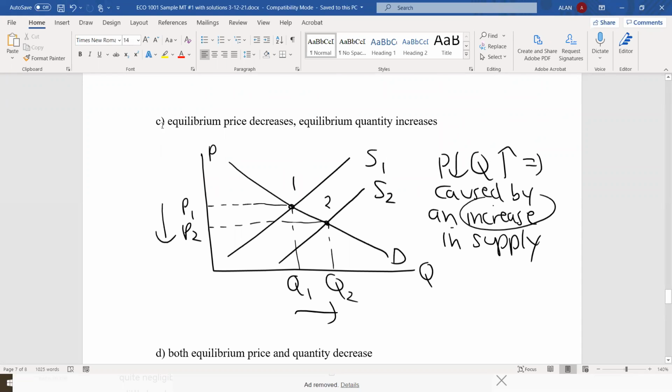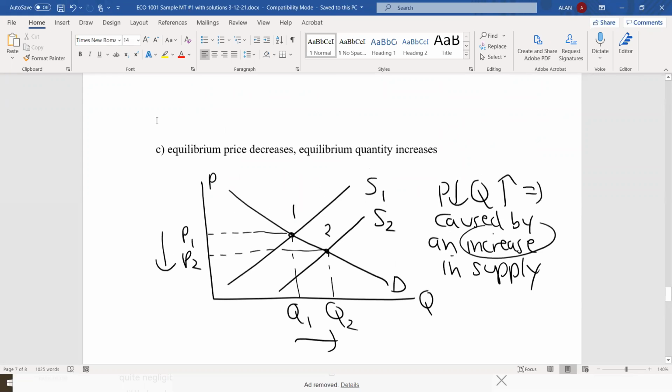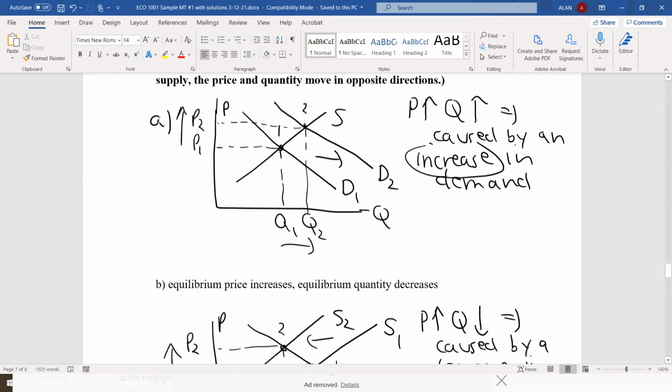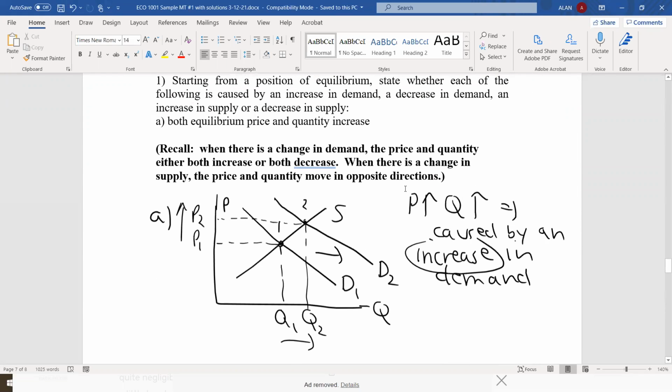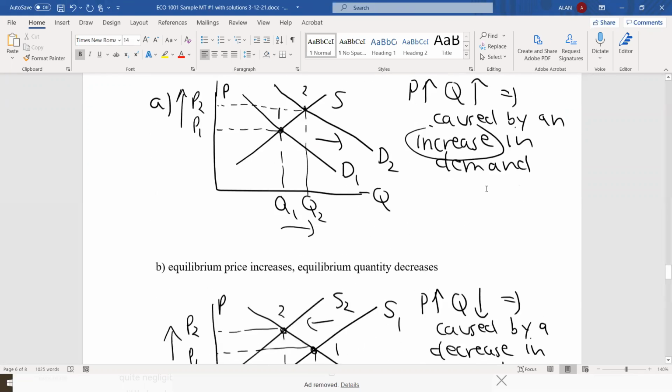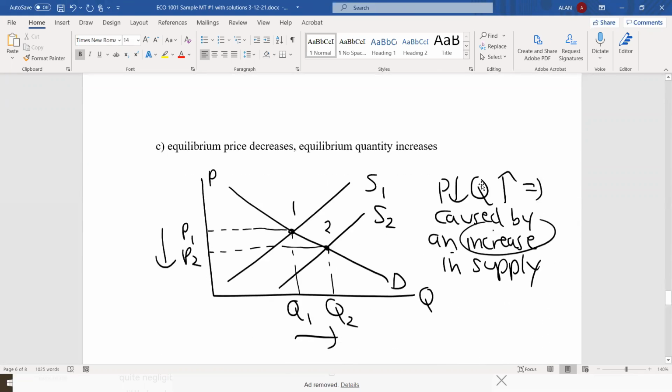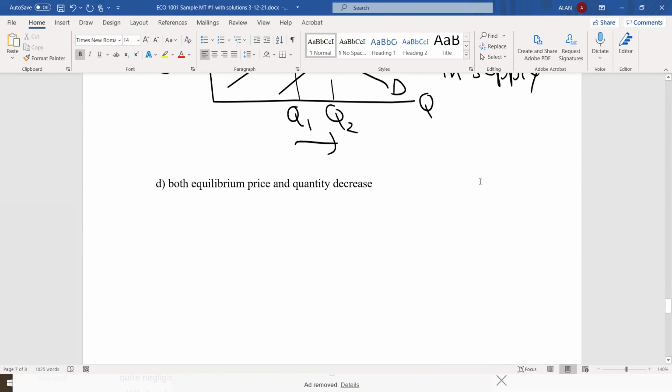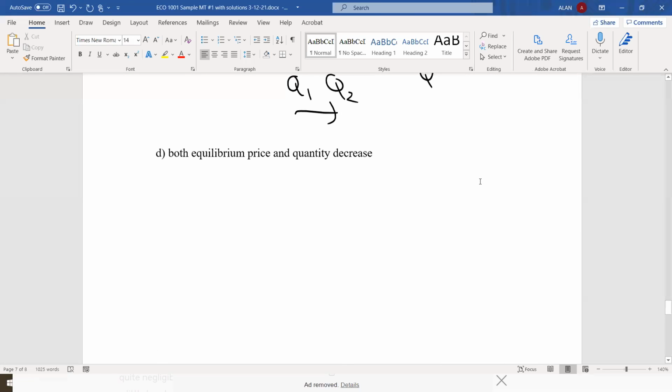All right, and then finally, both the price and quantity decrease. That's the opposite of the first case, which implies that the demand curve must have shifted to the left. Right. So let's fill that one in. All right, good. And we're getting some good artistic practice here too, aren't we? I hope you're practicing with these curves.